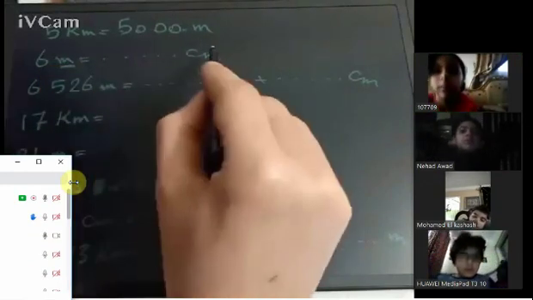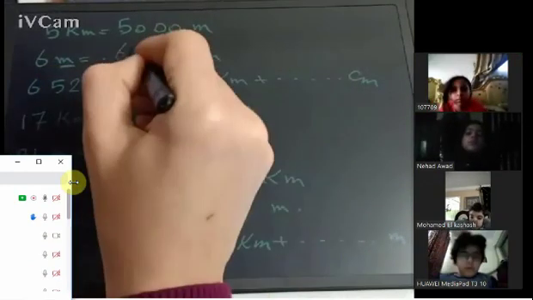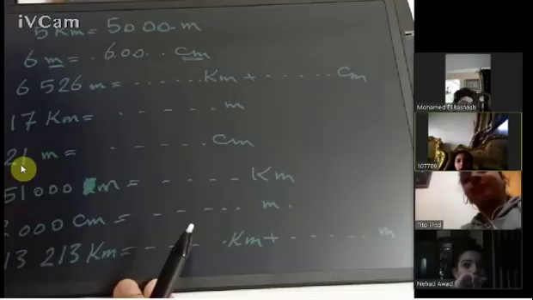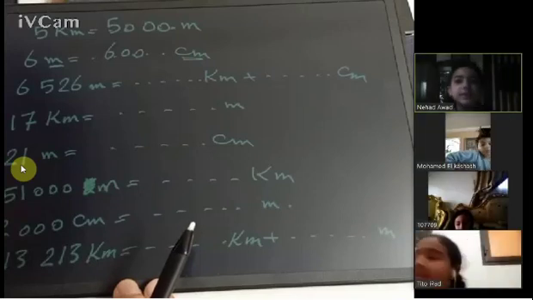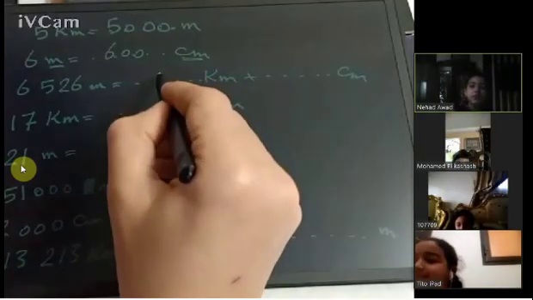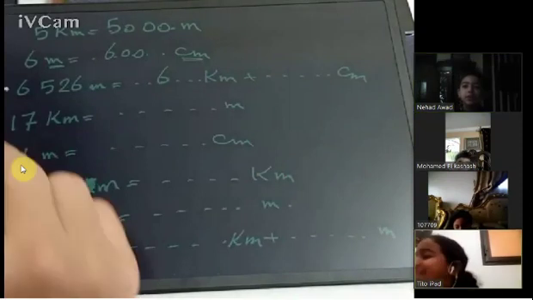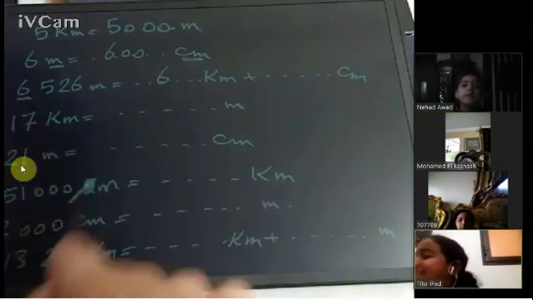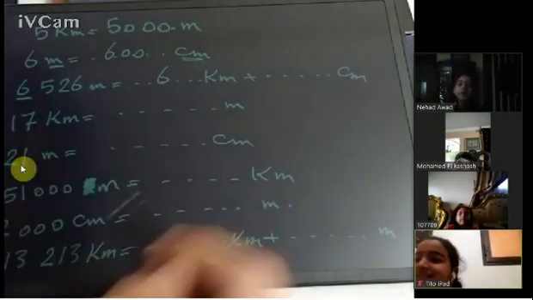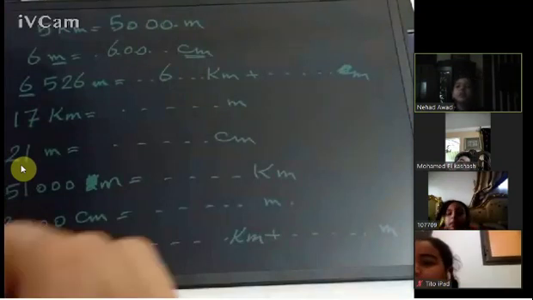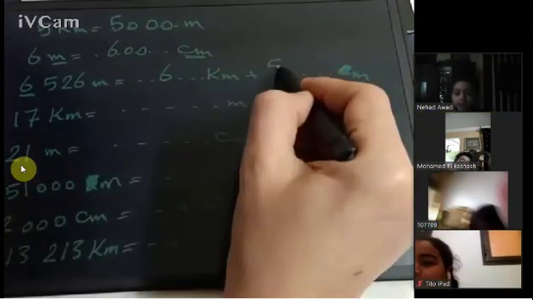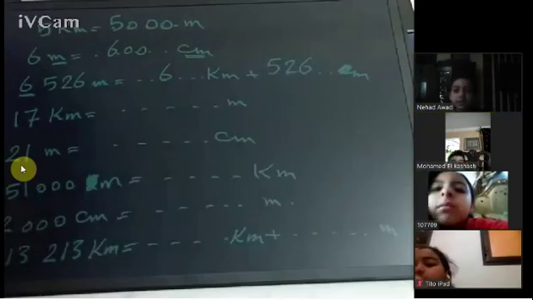Yes, you concentrate from meter to centimeter. It's 600. 6 in kilometer. Yes, 6 in the kilometer because you use the 1,000 as a kilometer. And how many meters? It's meter, I'm sorry. 526. Yes, 526 in the meter.